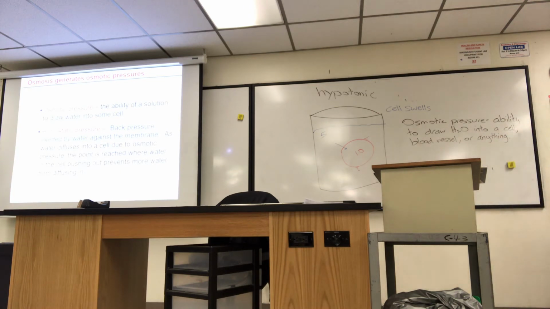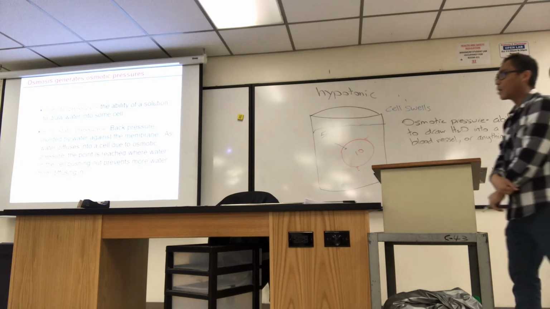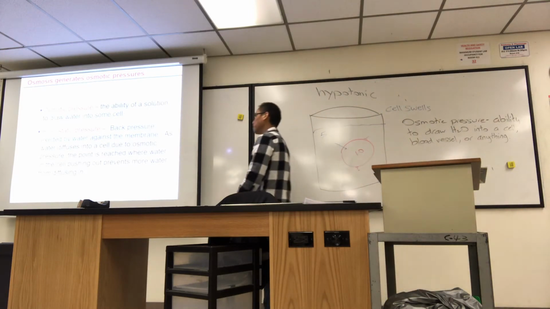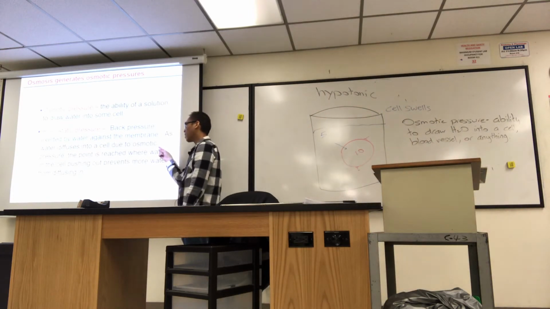Now the result of that is hydrostatic pressure. Hydrostatic pressure is the back pressure exerted by water against the cell membrane in this example. As water diffuses into a cell, due to osmotic pressure, the point is reached where water in the cell is pushing out. And that prevents more water from diffusing in.